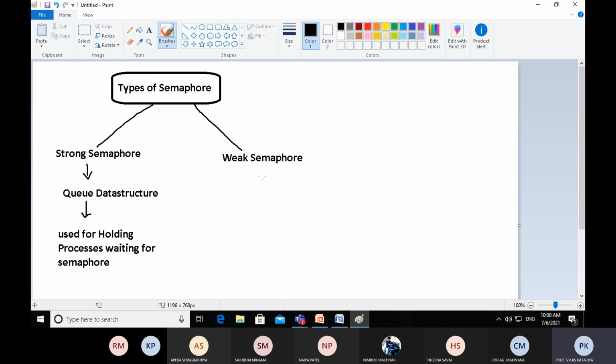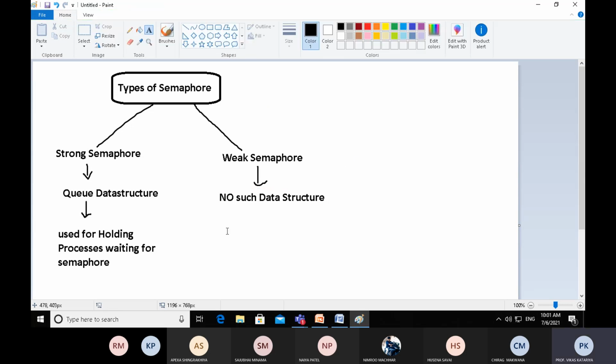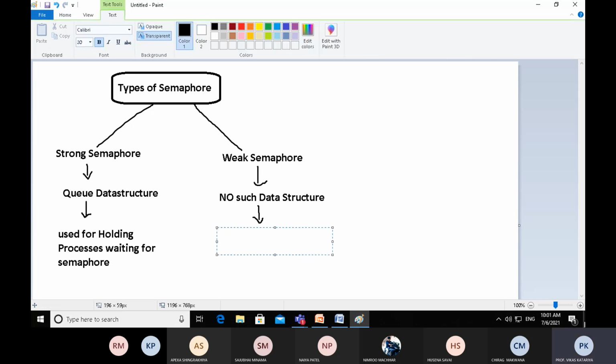And similarly, if we talk about the weak semaphore, no such data structure is used for holding processes waiting for the semaphore.